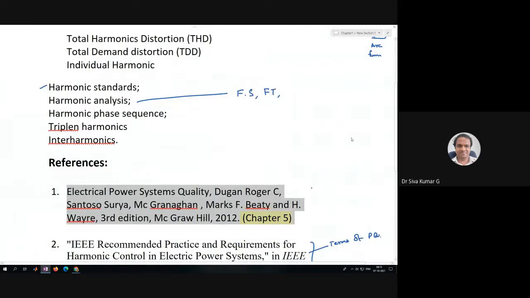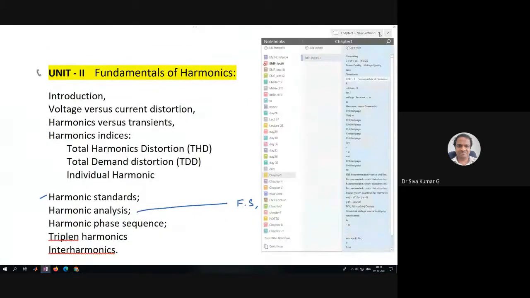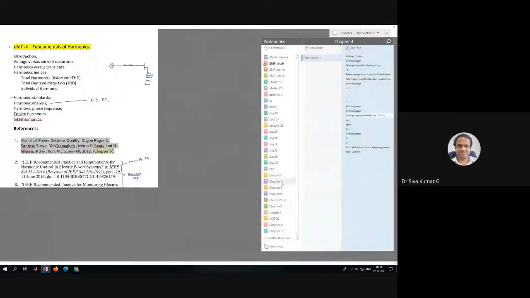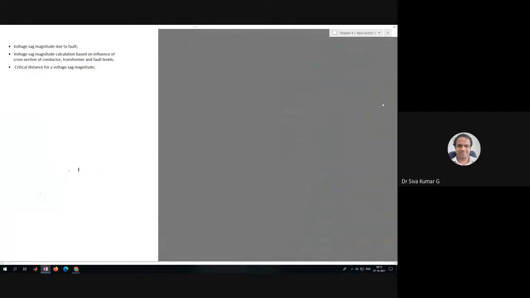This is about the fundamentals of harmonics. We will now try to move to the next unit.